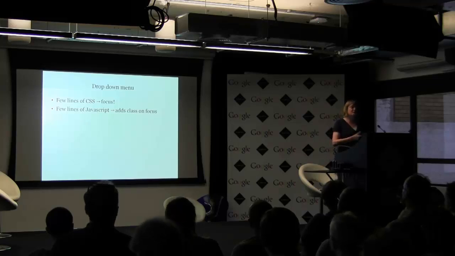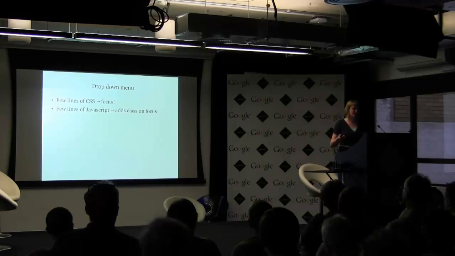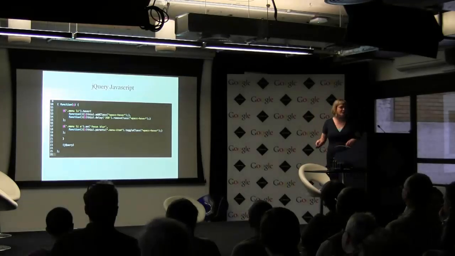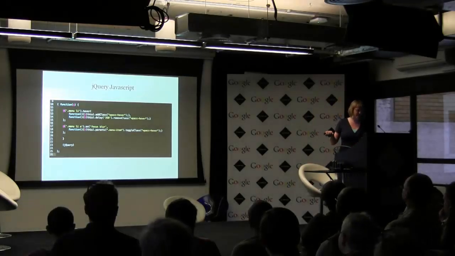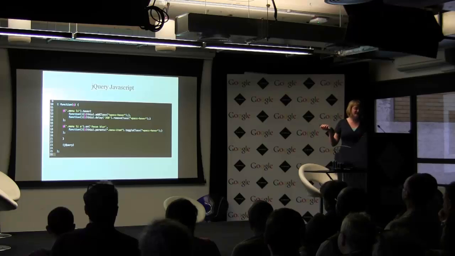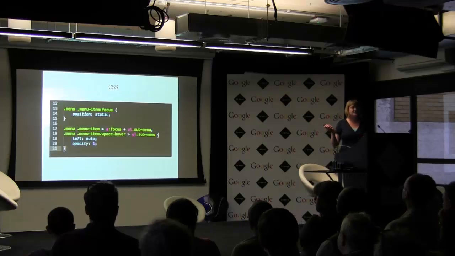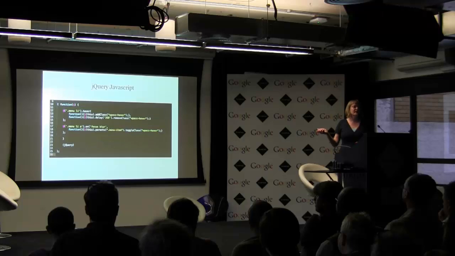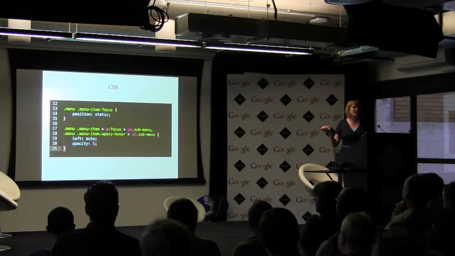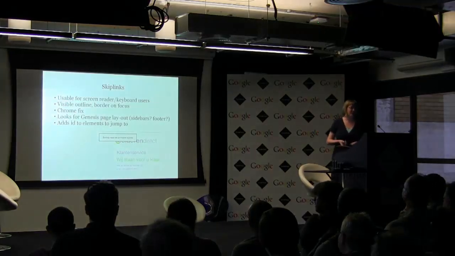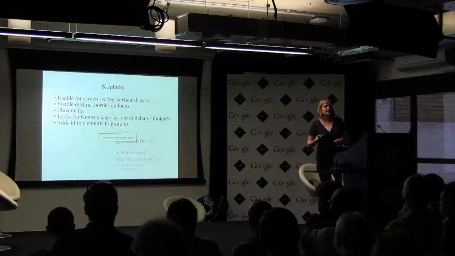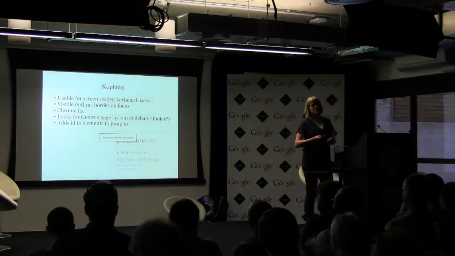It used to work in former versions of Genesis. They all stripped out the JavaScript, so the menu doesn't work anymore. This is why you don't have to write the plugin, you can actually read it. This is the JavaScript and this is the CSS. That's all. And then it works. So why not add it? Okay, skip links. Does anyone not know what a skip link is?